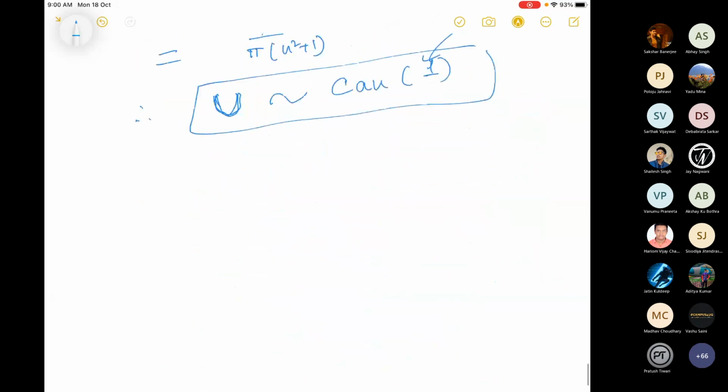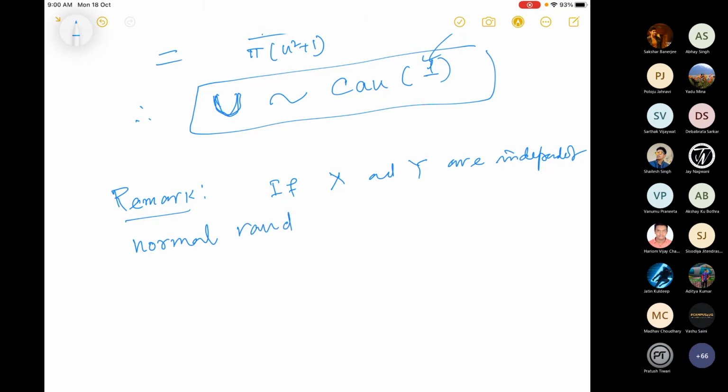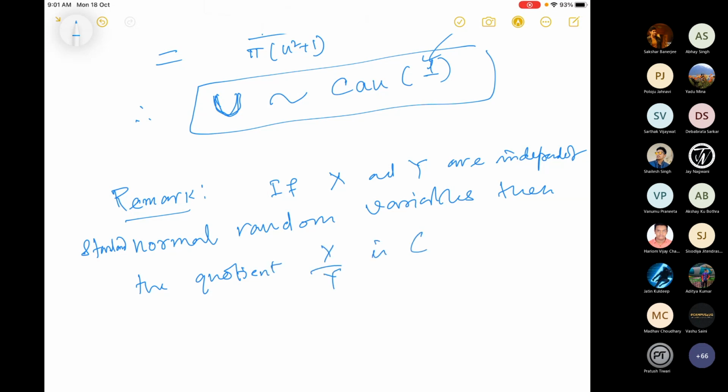So this is again a connection between different random variables. So I'll just make a remark here. That if X and Y are independent standard normal random variables, then the quotient X by Y is Cauchy.